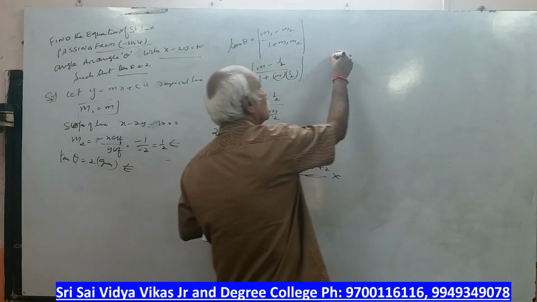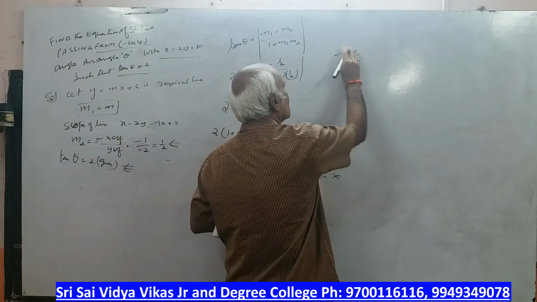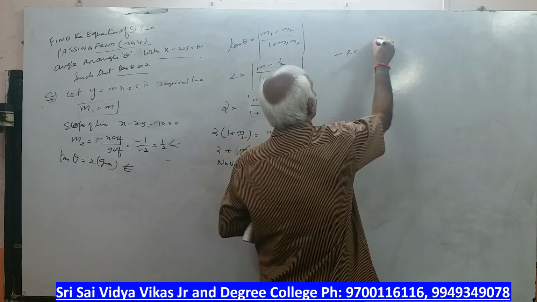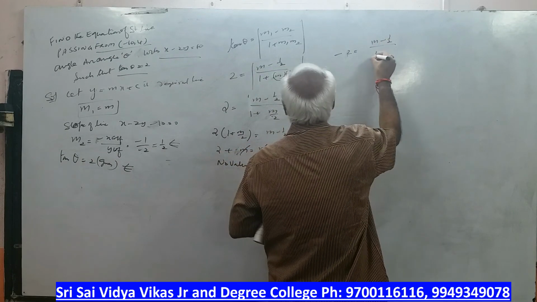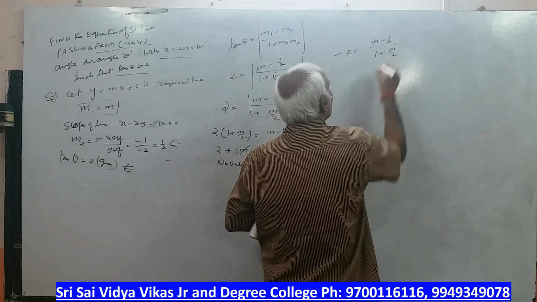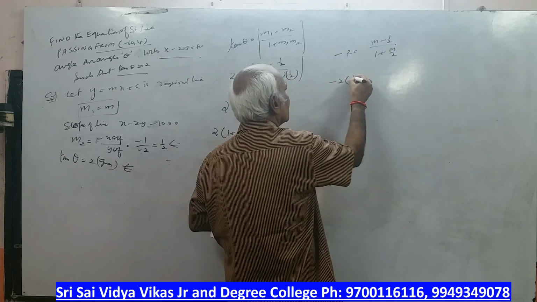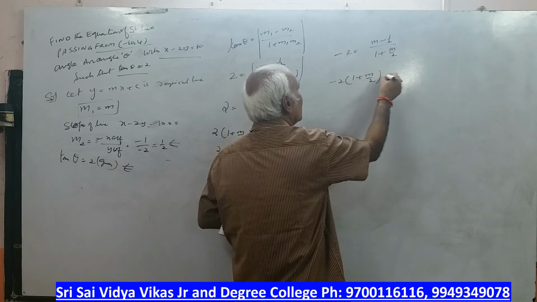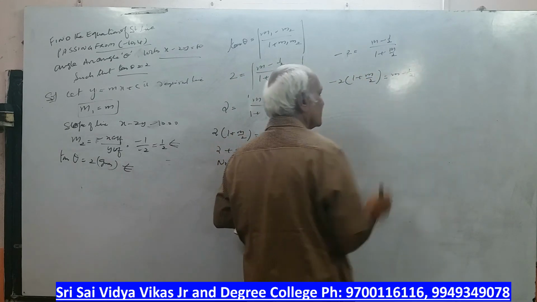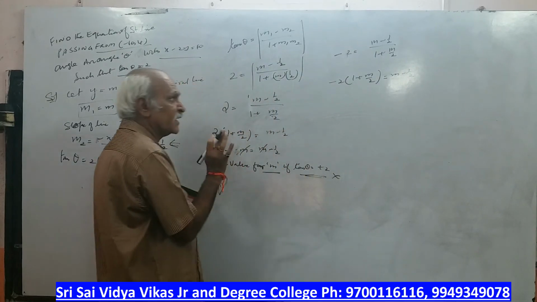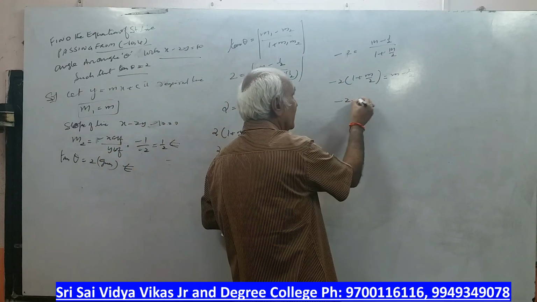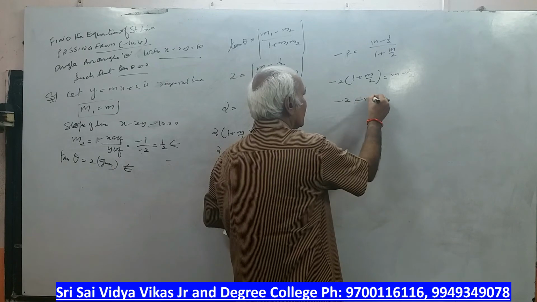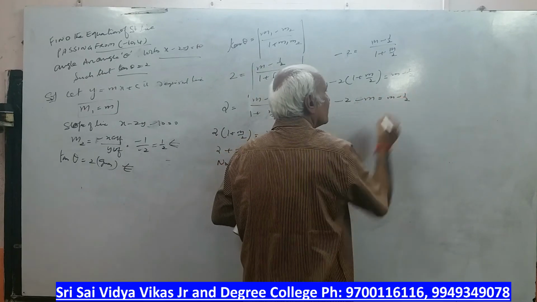Again, minus 2 is equal to m minus 1 by 2 by 1 plus m by 2. Cross multiplication: minus 2 into 1 plus m by 2 is equal to m minus 1 by 2. Is it clear? So when I say m is getting cancelled, now open the bracket. Minus 2 minus m is equal to m minus 1 by 2.